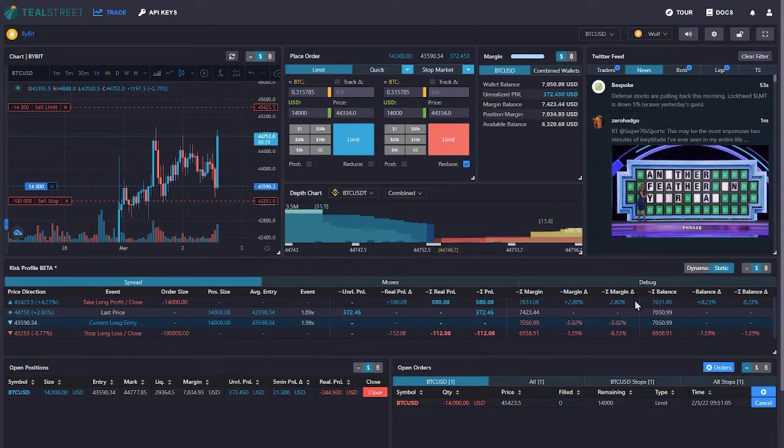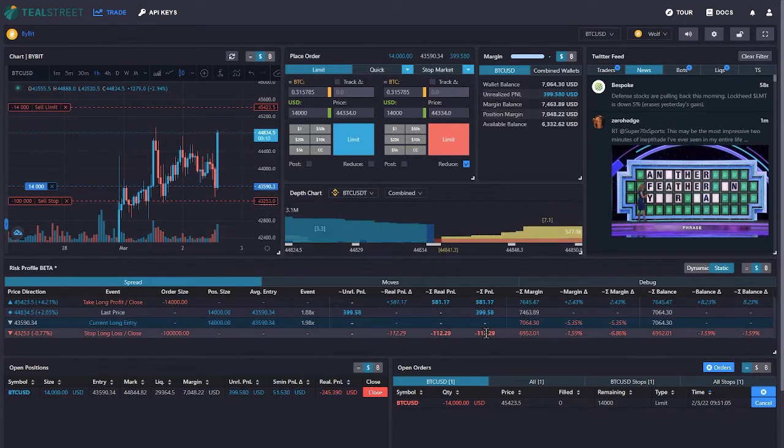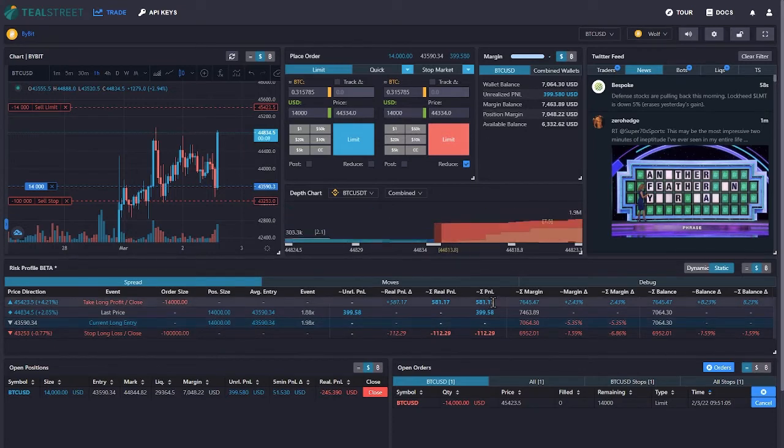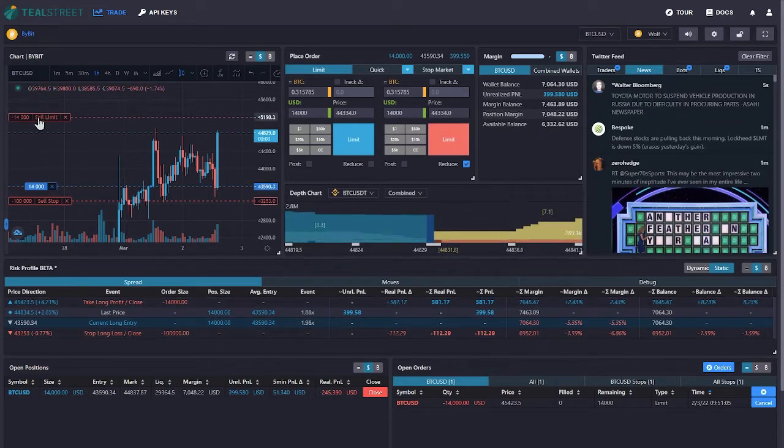So for example, if you were looking at your position based on static R, it is based on your entry. So in your mind, you would look at this and you would say, this is great. From my entry, I would lose $112, but if it were to go all the way to the top, I would gain $581 because that's where my take profit is.